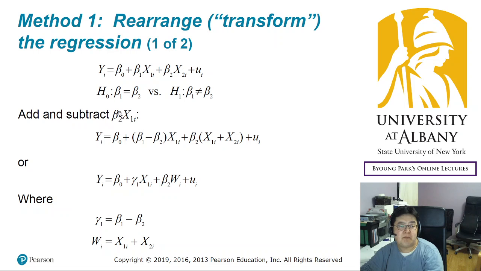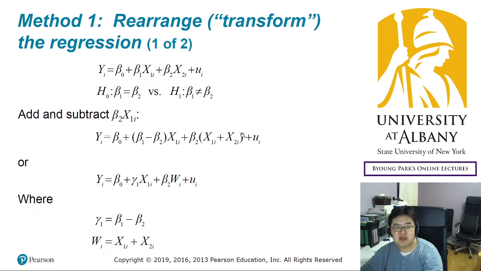Add and subtract beta 2 x1. Beta 2 x1 is a cross product. So the coefficient of x1 becomes beta 1 minus beta 2. But the second regressor is replaced by x1 plus x2, with the same coefficient beta 2.